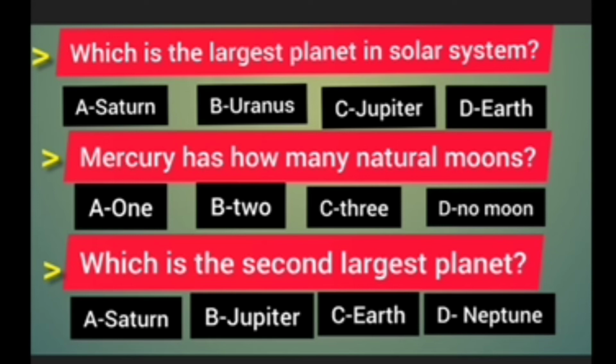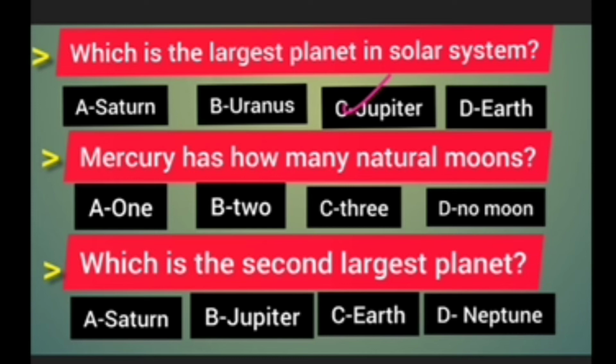Next question, which is the largest planet in the solar system? A. Saturn, B. Uranus, C. Jupiter, D. Earth. Answer C. Jupiter. Jupiter is the largest planet in the solar system. Next question.